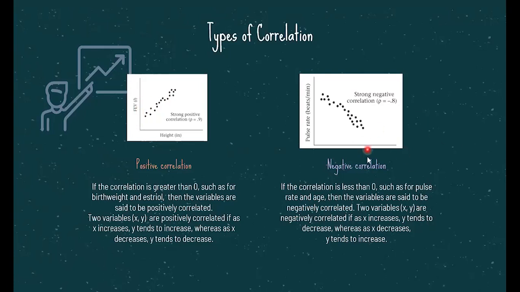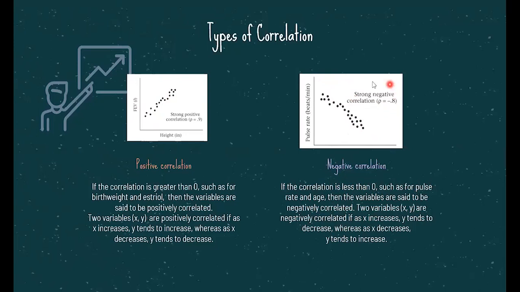Now we consider the second one, which is negative correlation. If the correlation is less than 0, obviously this is a negative correlation, such as for pulse rate and age. When we consider age on the x-axis, as age is increasing, pulse rate is decreasing. So they are negatively correlated. That means x increases and y decreases; x decreases and y increases.